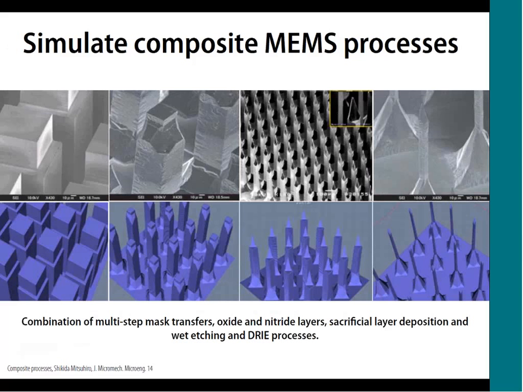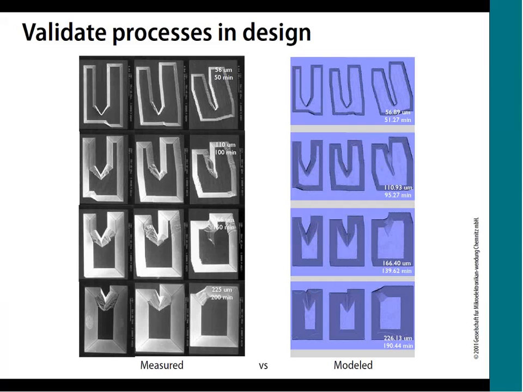These etch simulators are very advanced and can look at multiple steps within the etches, within multiple mask layers, and you can really simulate some very complex structures. And like I said before, see how changing the etch recipe might affect the final geometry.